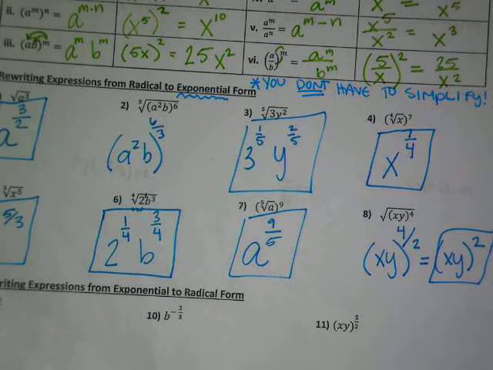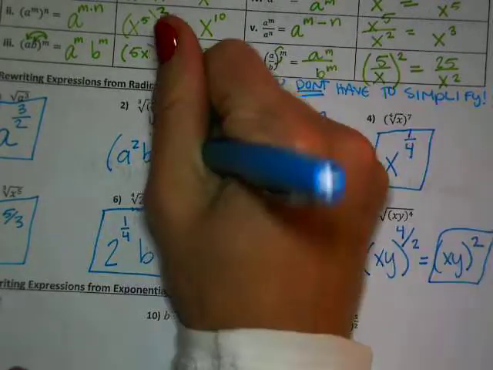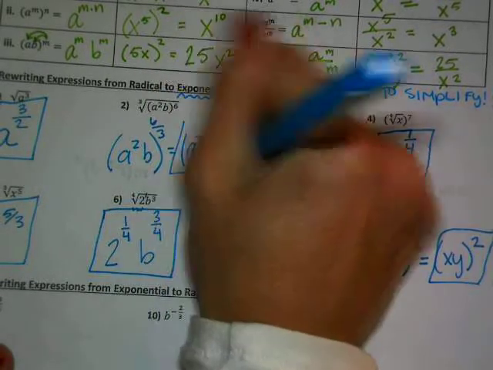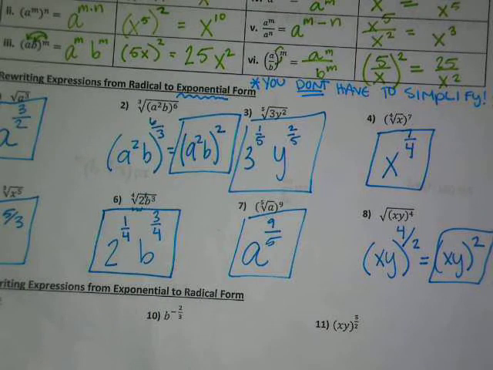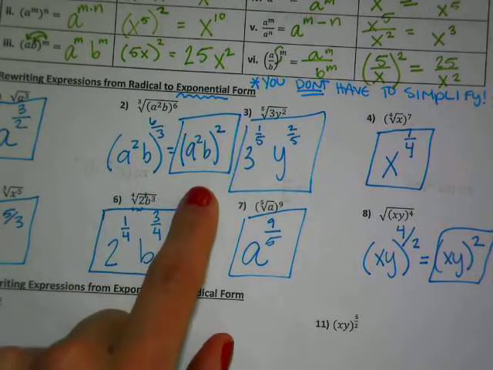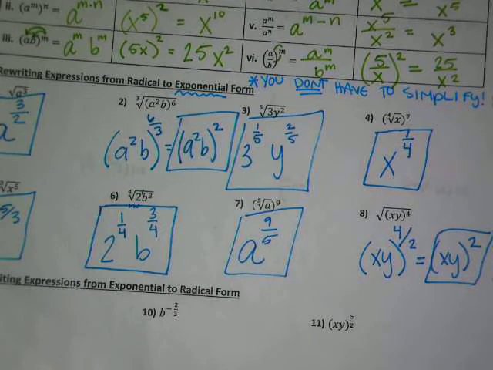If you wanted to split it up, you could, but that would just be simplifying, and I didn't ask you to do it. If you wanted to reduce, it's all about the root. But because the directions only say to write in exponential form, technically that's an exponential form. It's just not simplified exponential form. Does that make sense?